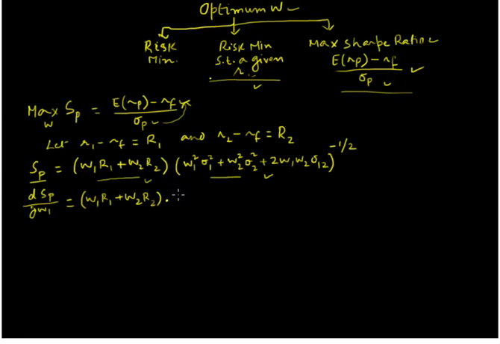We write the exponent and then inside the bracket we write the inside function as it is, which is basically the portfolio variance. So let me finish writing that. And we are going to raise this to the power of n minus 1, which is going to be minus 1 over 2 minus 1. That is going to give us minus 3 over 2.